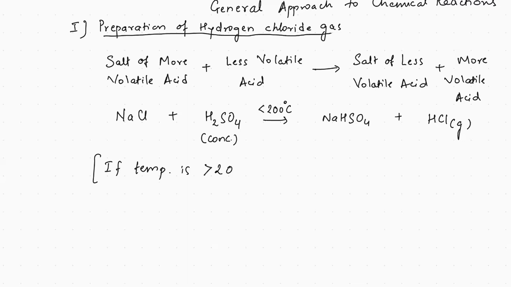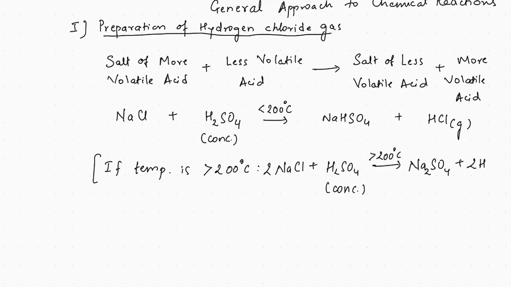Sodium chloride will react with concentrated sulfuric acid, and on heating above 200 degrees Celsius, you will get sodium sulfate, which forms a hard crust and sticks to the glass apparatus, and that prevents further reaction from taking place. Because further reaction cannot continue, we cannot use a temperature above 200 degrees Celsius.